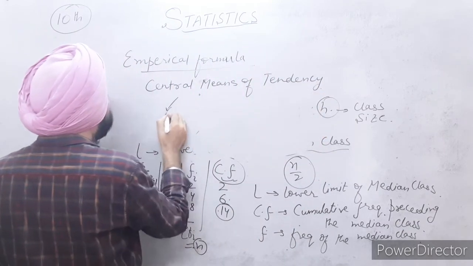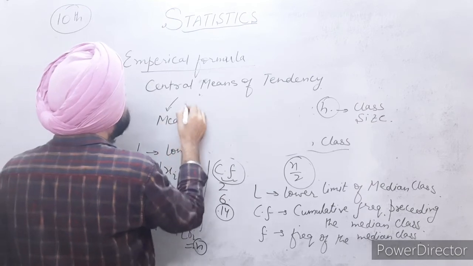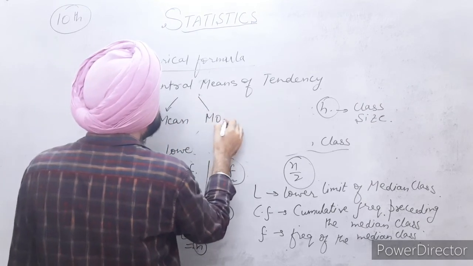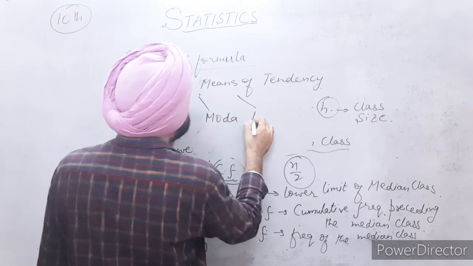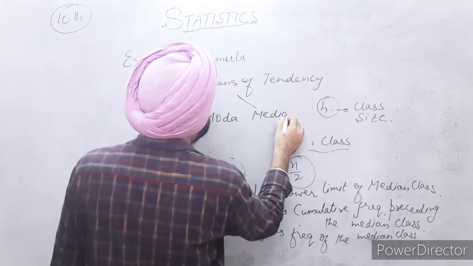They are the mean, the mode, and of course the median.